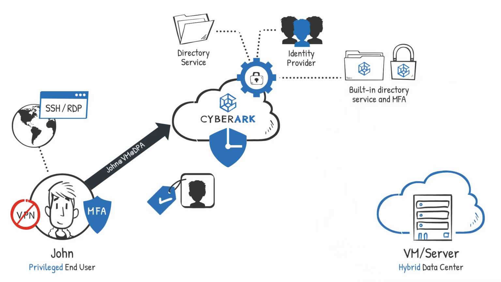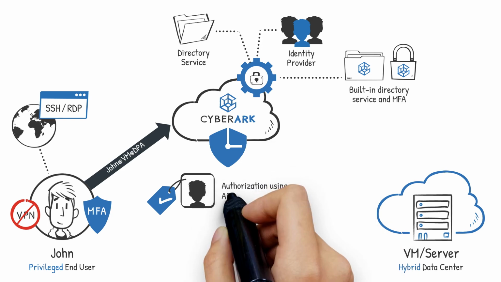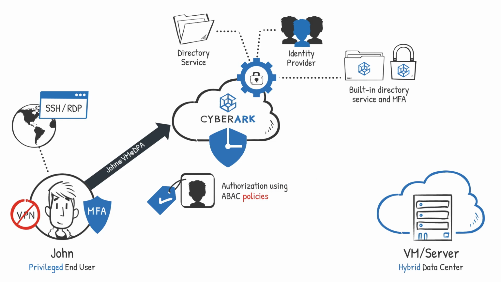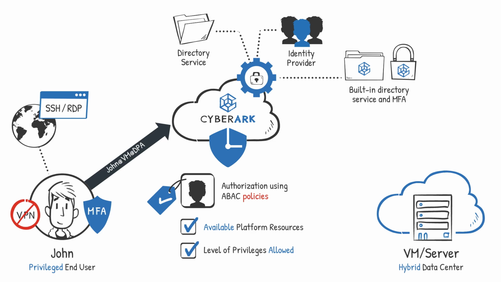Once John is authenticated, DPA makes sure that John is eligible to access the target server using attribute-based access control policies, which define both the available platform resources and the level of privileges allowed to the end user.